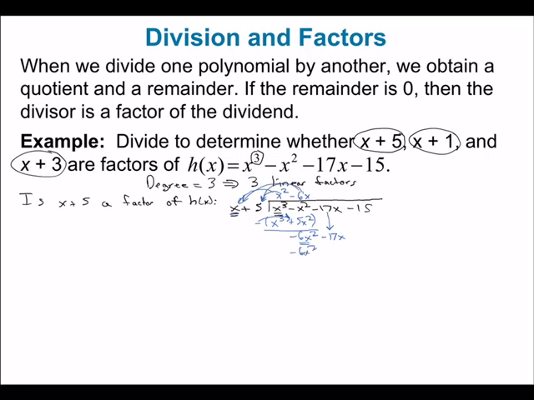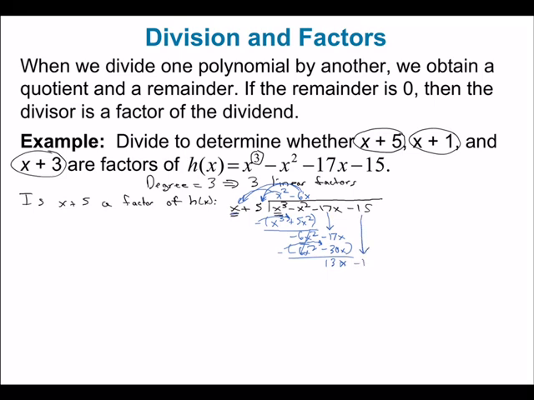Negative 6x times 5, that's negative 30x. Now let's subtract and see what's left over. Well, a 0, they cancel out. What's negative 17 minus a negative 30? Be careful here. It makes that a plus when you subtract. So negative 17 plus 30 is 13. 13x is left. Alright, so that's what we're left with now as our dividend.